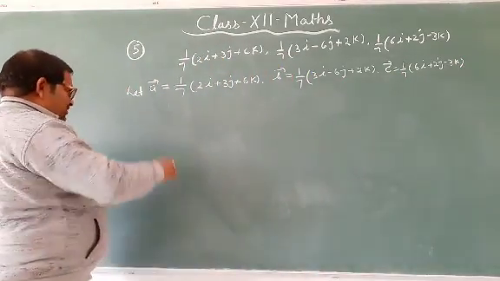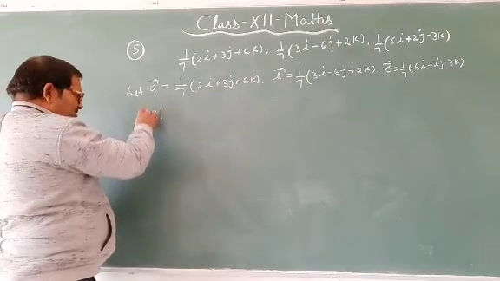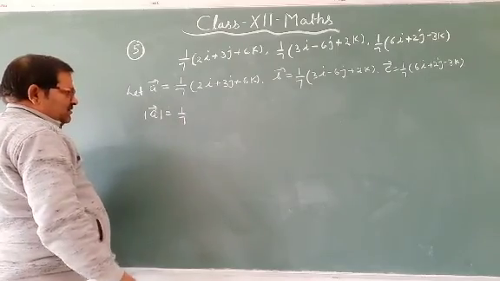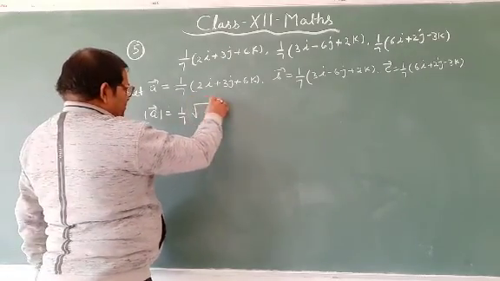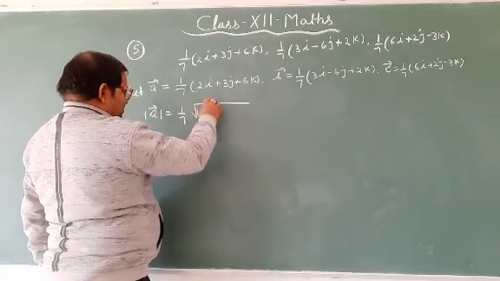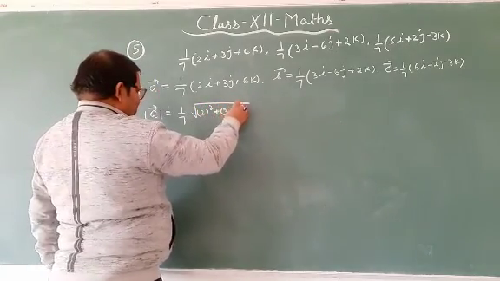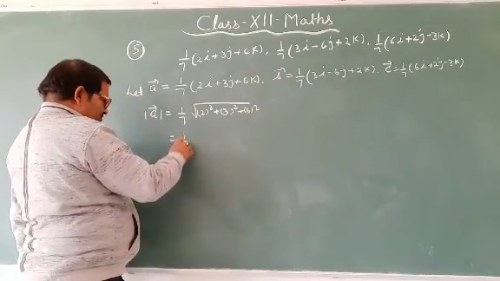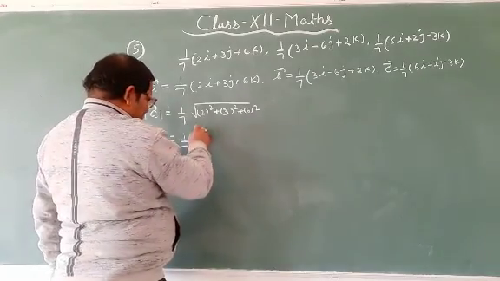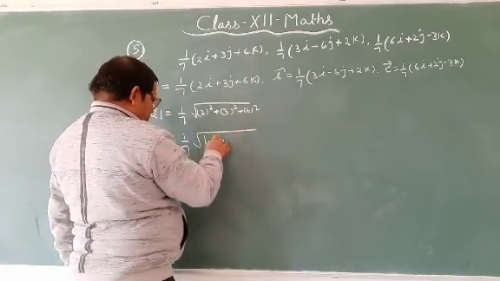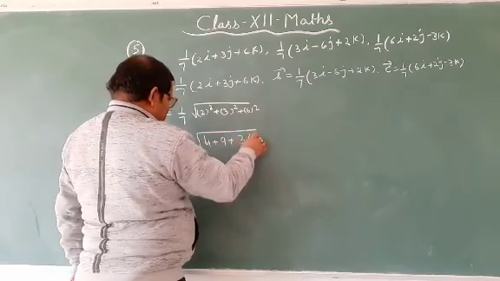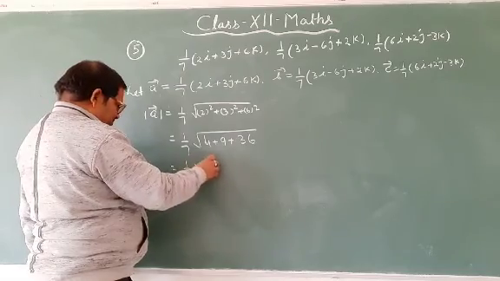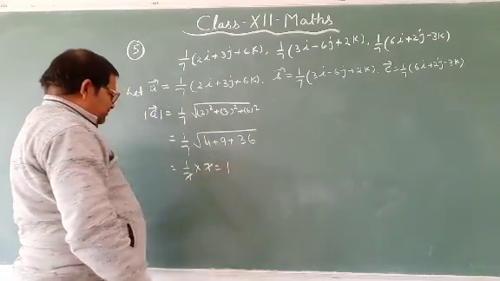Find whether the vectors are unit vectors. Modulus of vector A is 1 upon 7 under root 2 square plus 3 square plus 6 square, which is 1 by 7 under root 4 plus 9 plus 36, equal to 1 by 7 into 7, that's equal to 1.